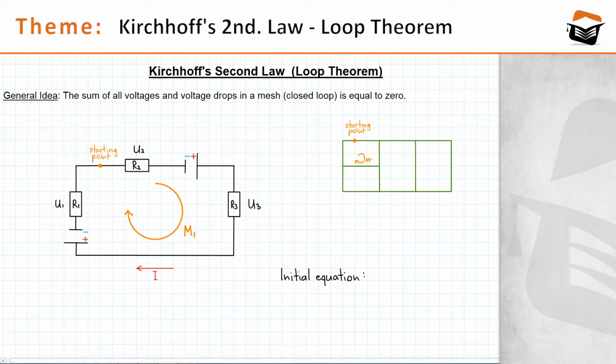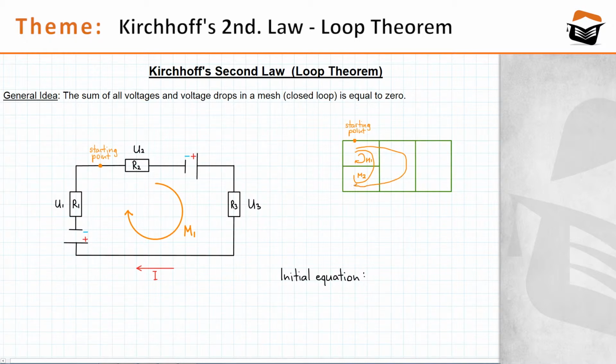Okay, I can also run around this mesh, which encloses two of these subcircuits. That would be this mesh, and I will label that as M2. Then I can have this mesh covering these subcircuits.